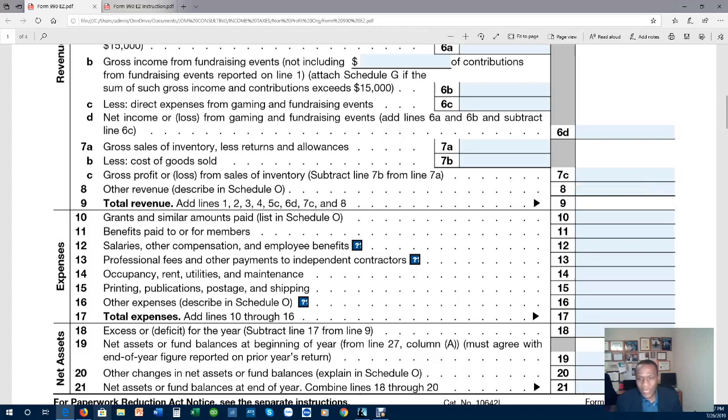You would add line 1, line 2, line 3, line 4, line 5C, line 6D, line 7C, and 8. So basically, any lines that are negative will be subtracted to arrive at the total revenue.